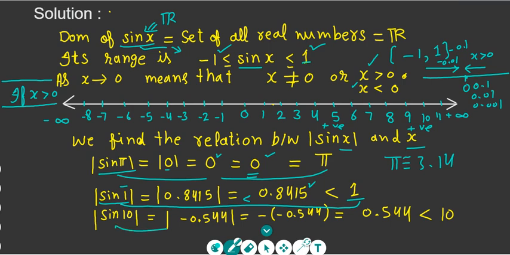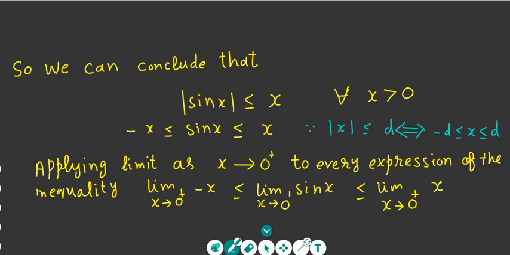Here the relationship is less than. So on the basis of some sample points, we can conclude that for all positive real numbers, the absolute value of sine of x is always less than or equal to x for all x greater than 0.